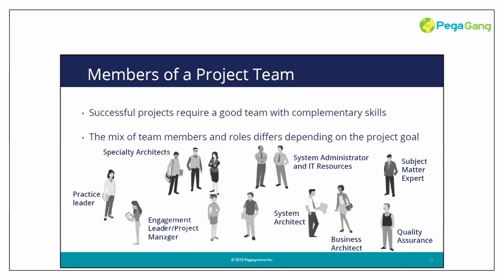So we have specialty architects who can be a part of the project team. We have the engagement leader and the project manager who look over the complete team, and also the engagement, in the sense that in the project which we are dealing with, a lot of artifacts need to be addressed, and he's the person who is responsible for managing all of them.